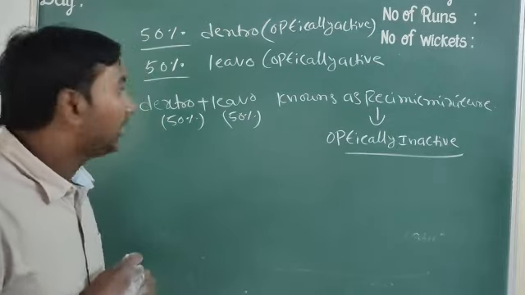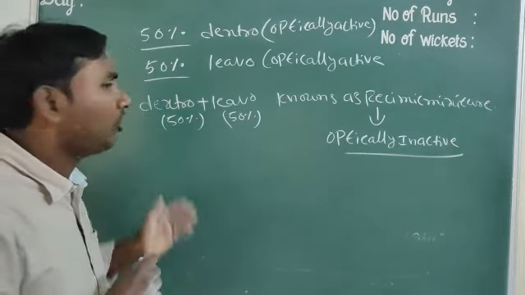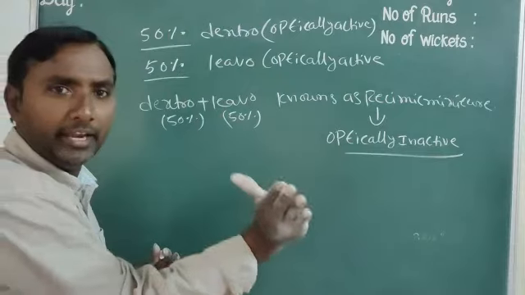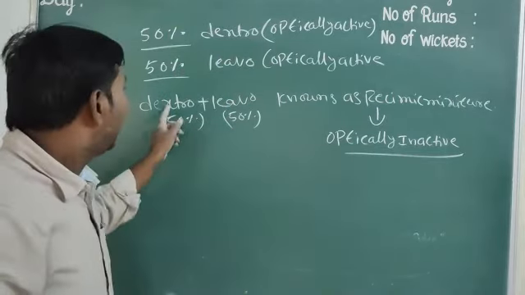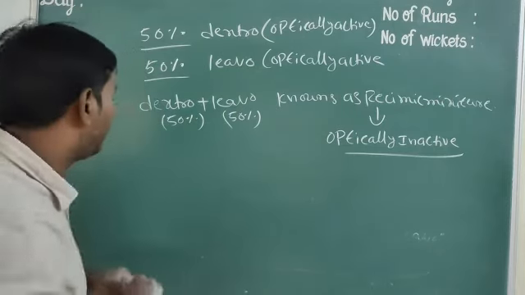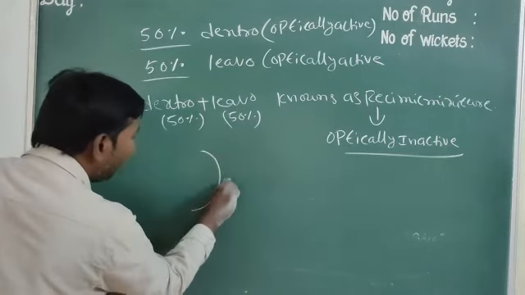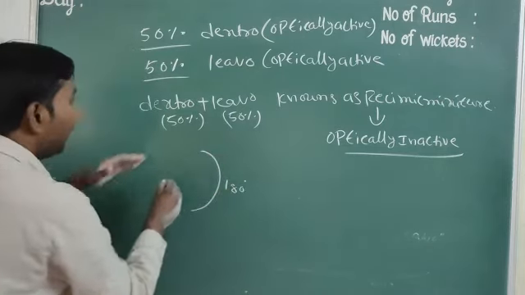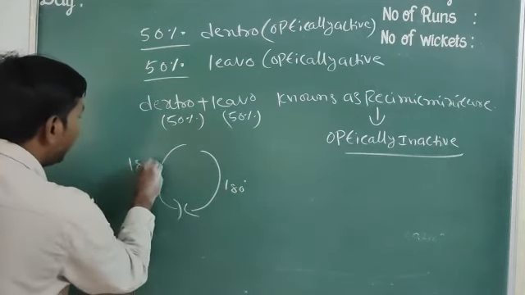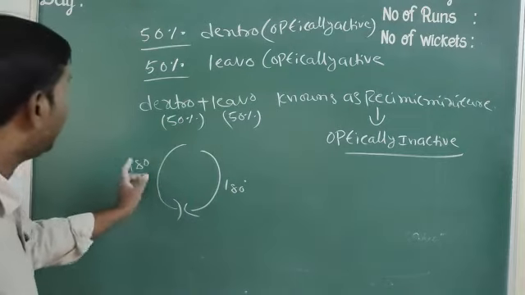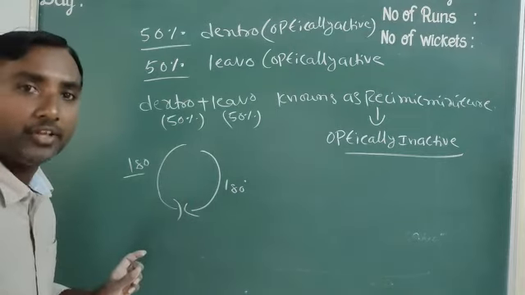What is the reason? Because dextro means clockwise 180 degrees, levo means anti-clockwise 180 degrees. Whenever dextro plus levo combine, dextro rotates clockwise 180 degrees, levo anti-clockwise 180 degrees. So here the clockwise and anti-clockwise 180 cancel.